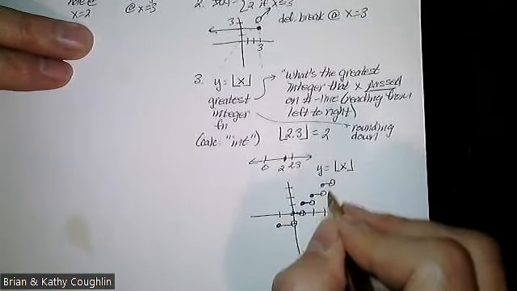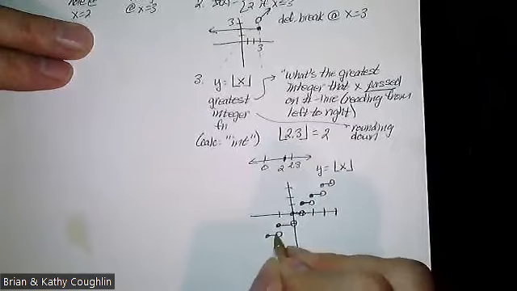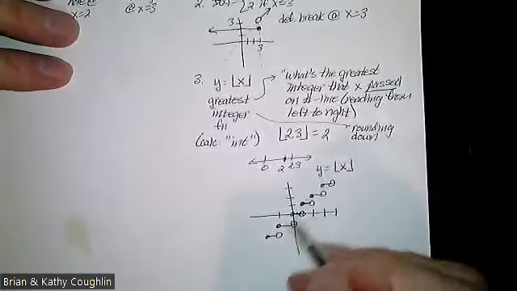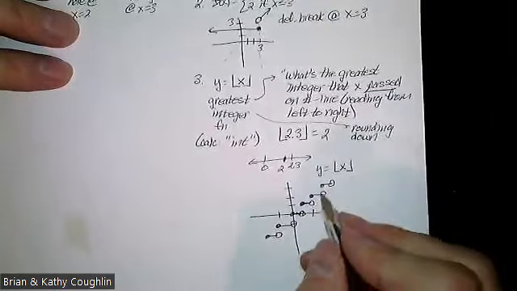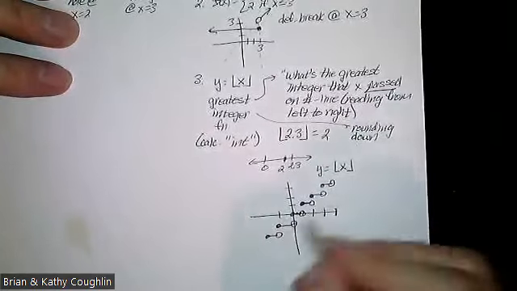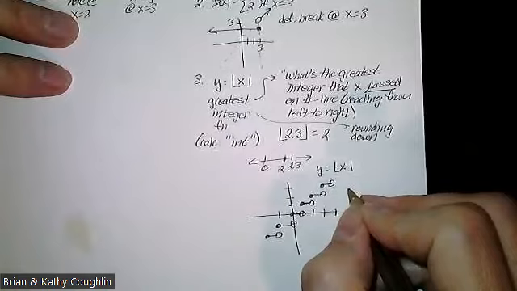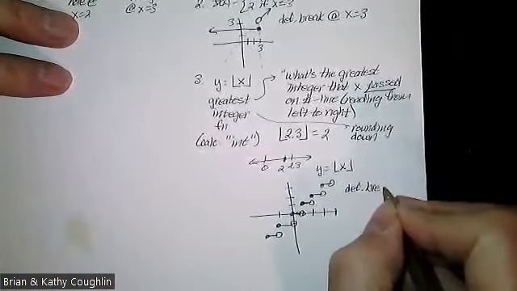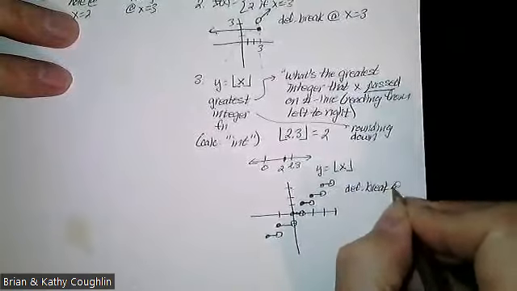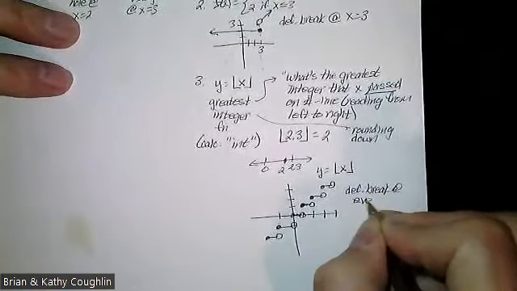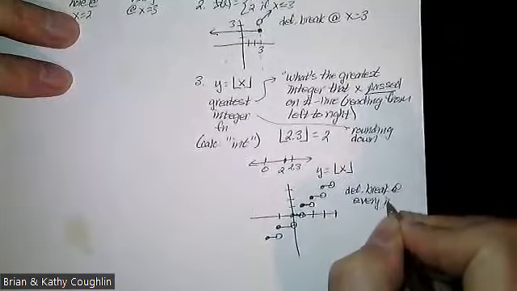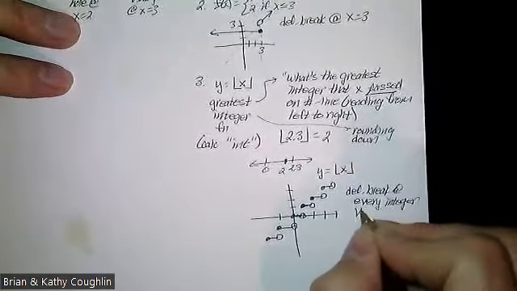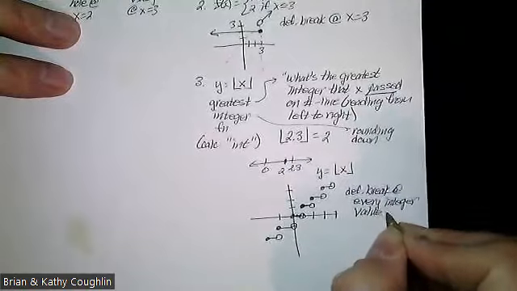But you notice this is one of the interesting examples where it's broken. There's a definition break all over the place. Every whole number, every round number, actually, integer. So I would say there is a definition break at every integer value of x.